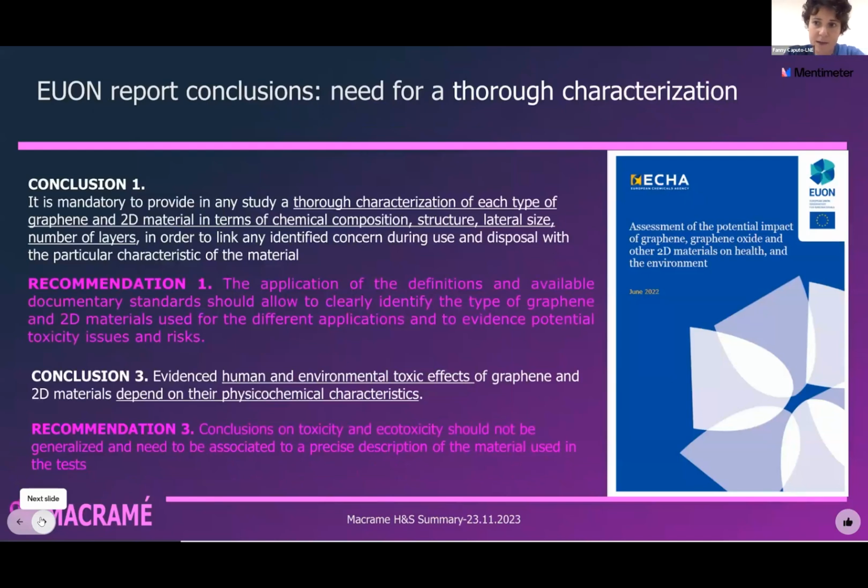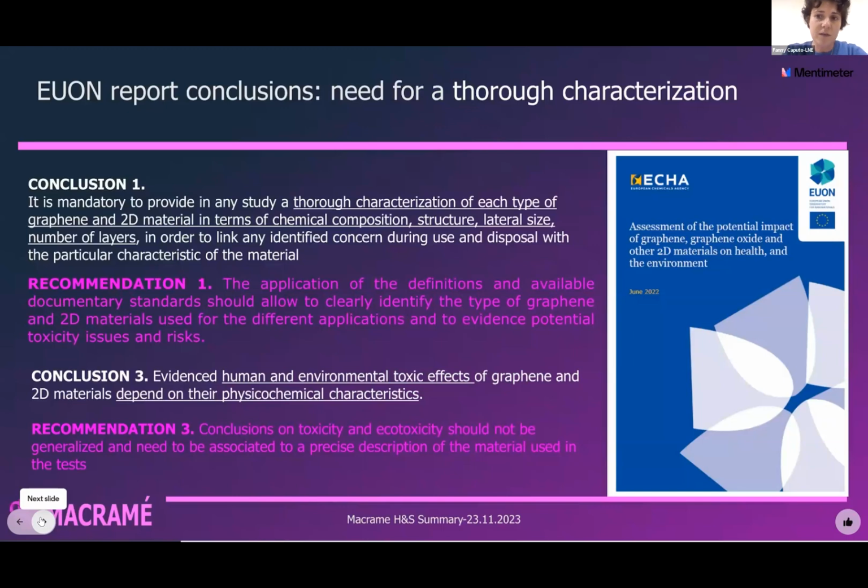In the first part of the document there are 9 main conclusions, some related to the physical chemical characterization needed for graphenes, and others more focused on priorities and gaps with regard to in vitro and ecotoxicological studies.